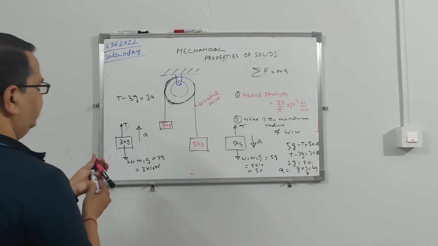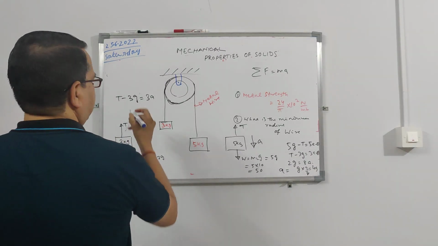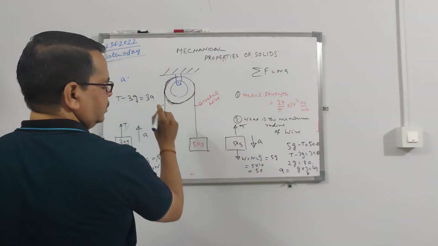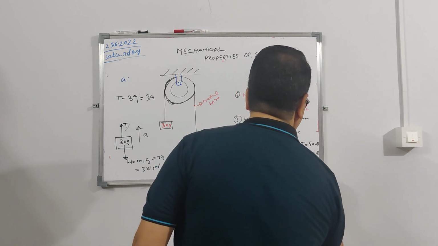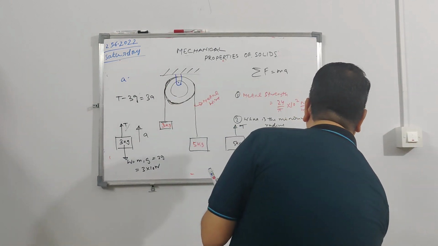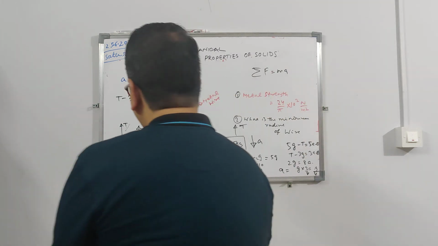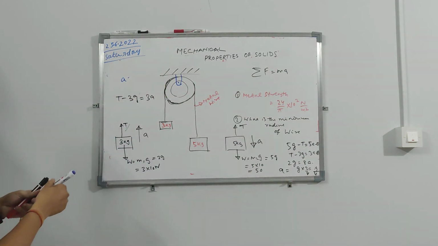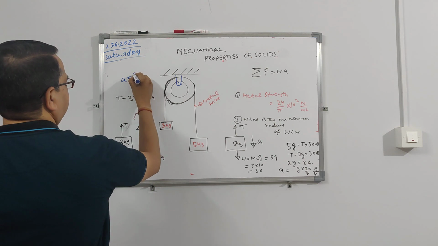So finally you got your A is equal to G by 4.